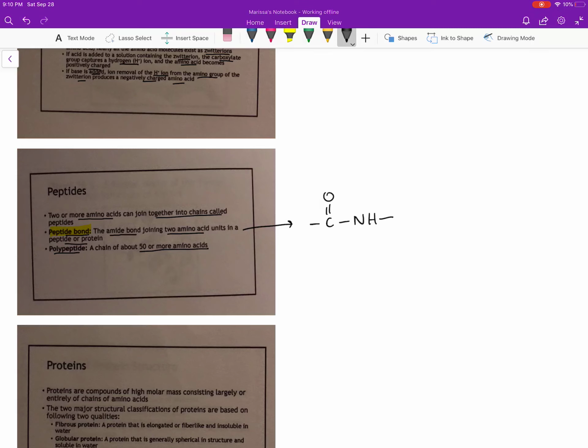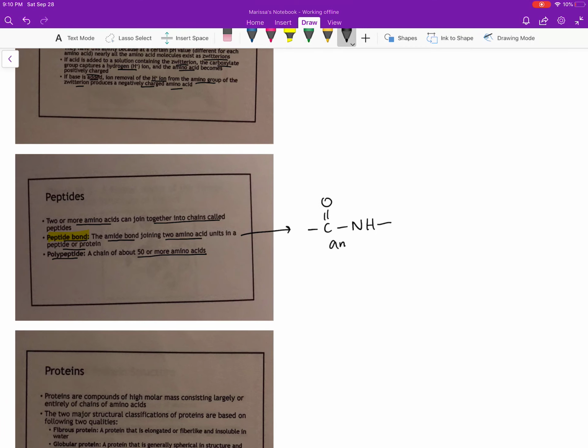So we have the amino, and then you have the carboxylic acid, and when they come together, they are going to form the amide bond, which is this group right here. Okay, and this would be amino acid number 2, and this is amino acid number 1, and that can just continue on and on and on.